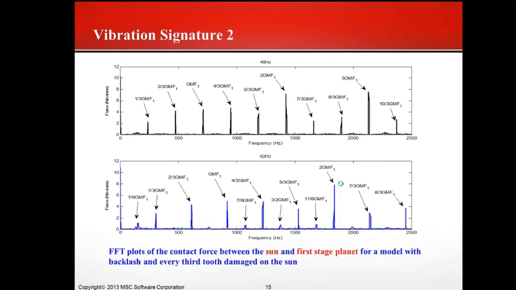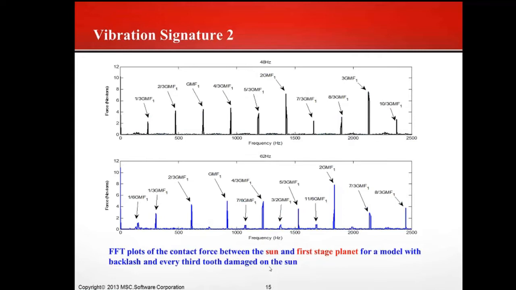Now this is another one. We damaged every third tooth on the sun. Maybe you might ask why every third tooth is damaged. According to the planetary theory, the first stage sun has 18 teeth, and the planet has 33.